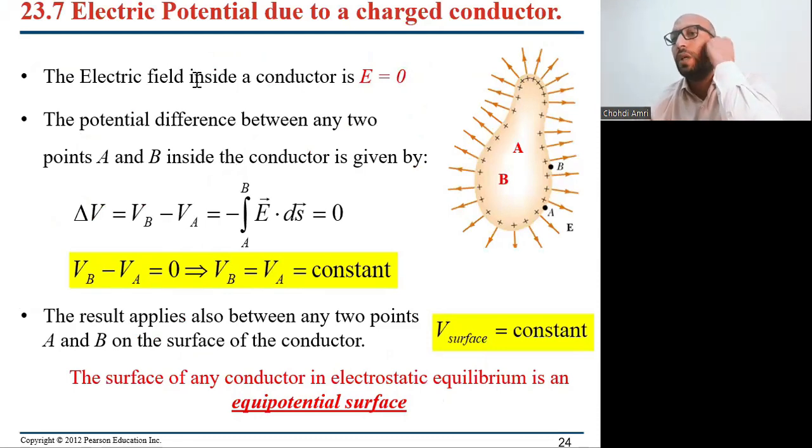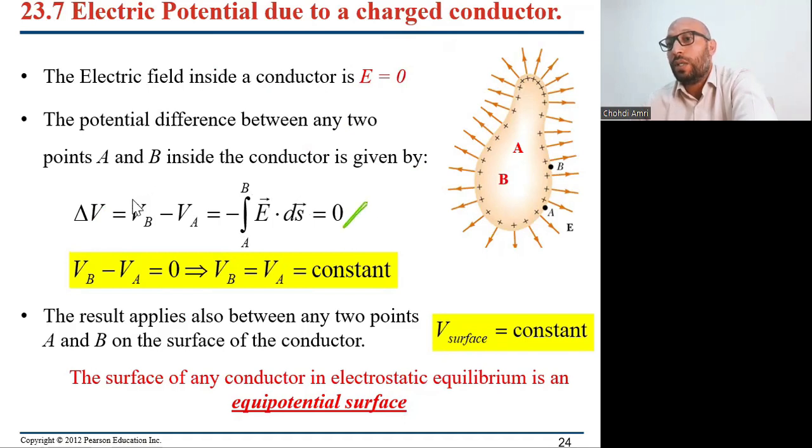Now we're going to move to the second part, electric potential due to a charged conductor. The electric field inside the conductor, as you know, is 0 because the charges are located or reside on the surface. The potential difference between any 2 points A and B inside the conductor is given by delta V, VB minus VA, equal to minus the path integral from A to B of E ds, and it's 0.